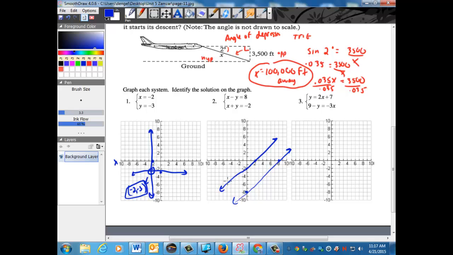Alright, so if I were to solve for y, I would get -y equals -x plus 8, y equals x minus 8. And with this graph, I would get y equals, oh, you know what? I made an error. Uh-oh. Alright, let's erase this.